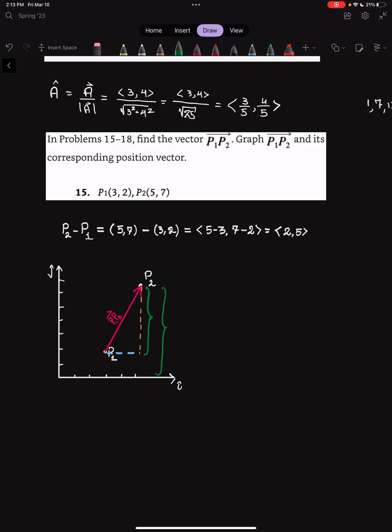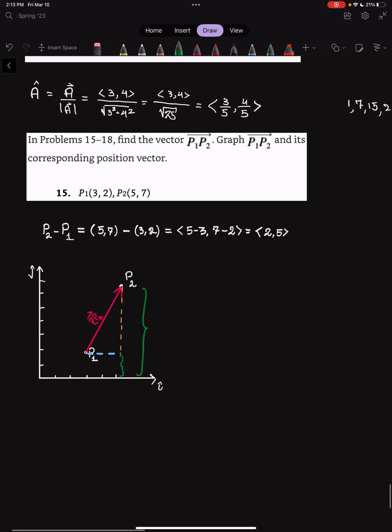We are trying to look for the orange, but we have this length right here. So if I take this big length and I subtract this small one over here, I get what my orange is. And this big length is the y component of P2, because that's how we define where P2 is.